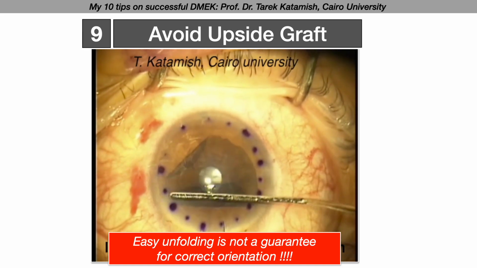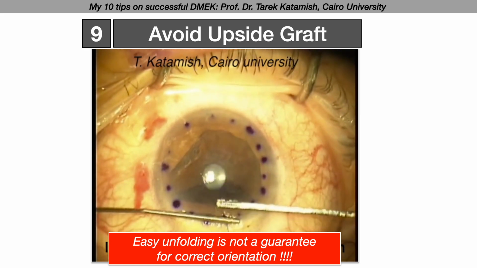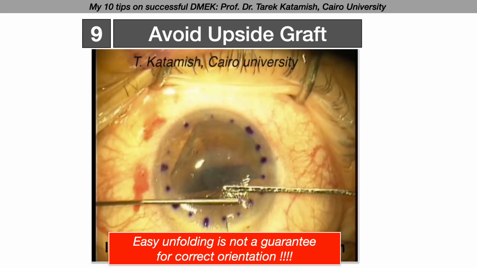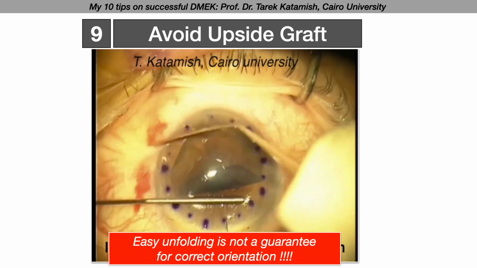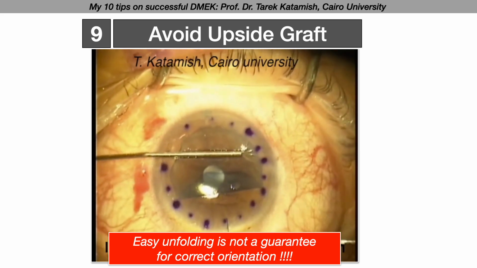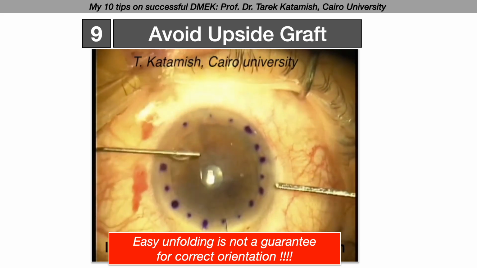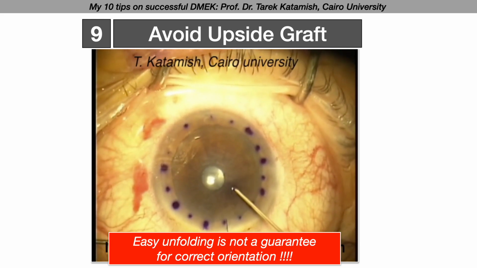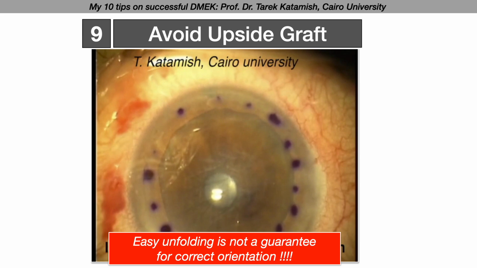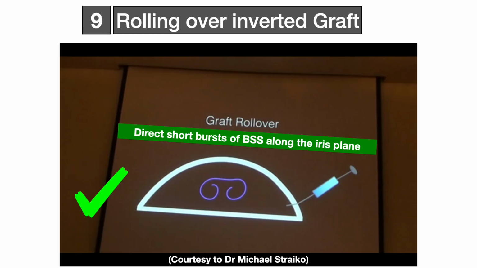I just want to warn you that easy unfolding, as you see in this case, is not a guarantee for correct orientation. So this is a very easily unfolded graft, but you see it is 2, not S. So easy unfolding is not a guarantee for correct orientation.